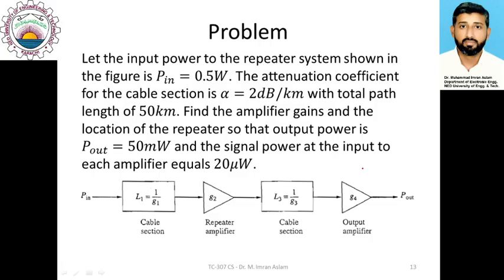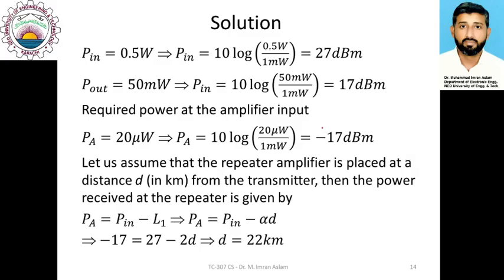As I mentioned, in most cases it is convenient to calculate the gains and losses in decibels. So first we transform the given values into decibel form. Input power is given as 0.5 watt, so we would transform it into decibels.